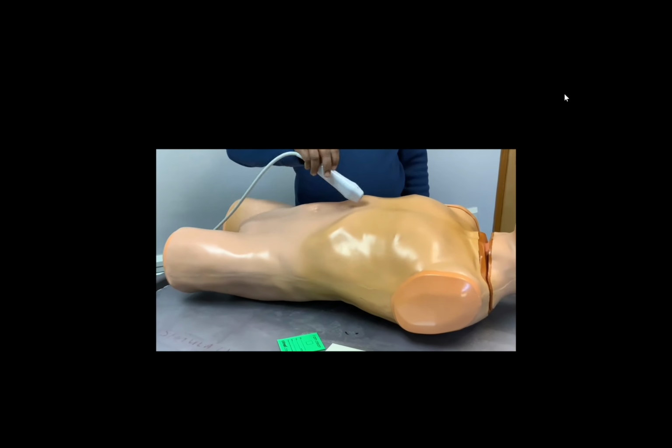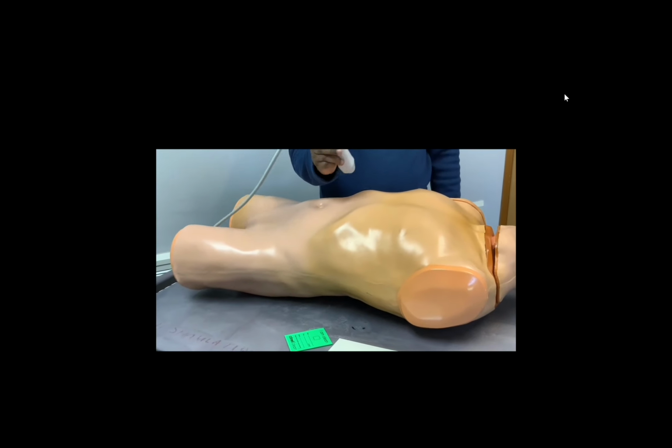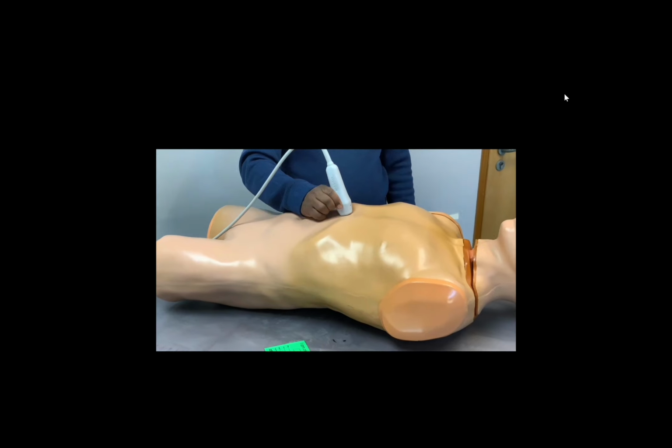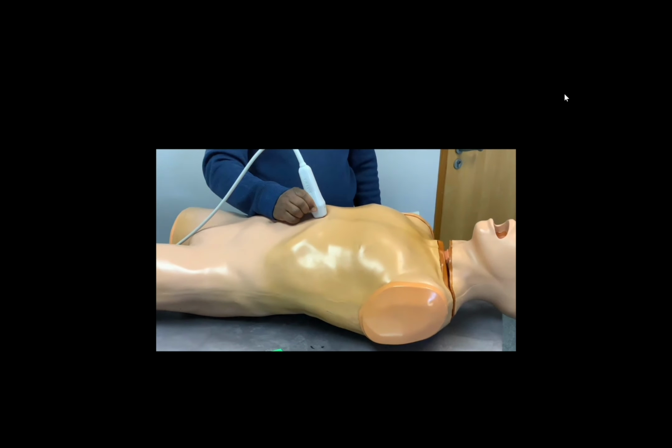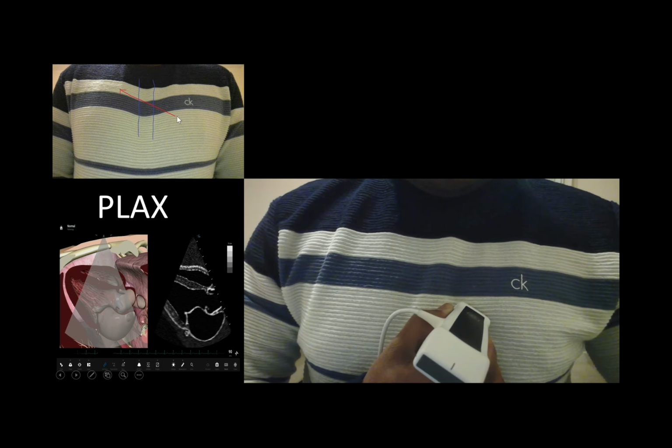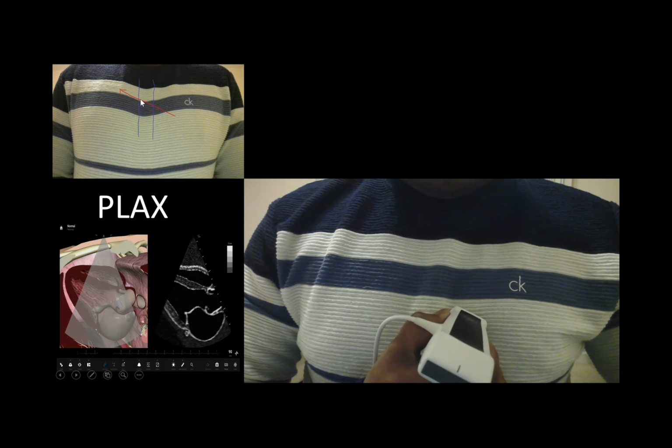IVC. Just rotate the probe. Parasternal long axis with the probe marker pointing towards the right shoulder.